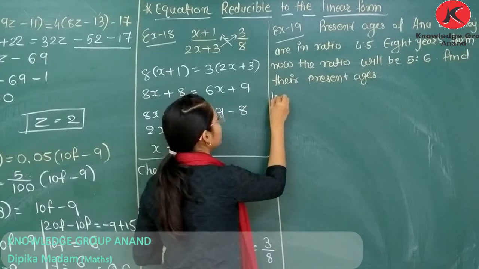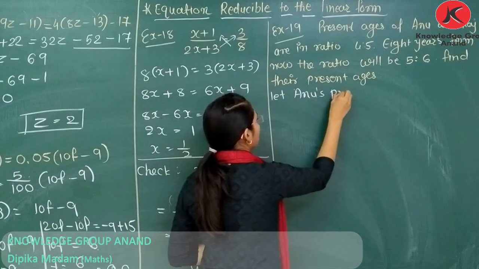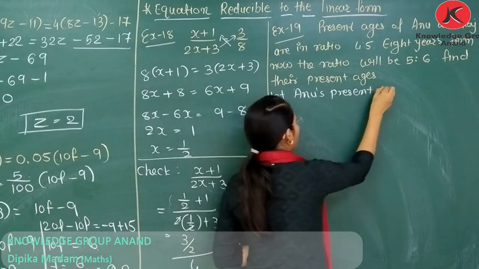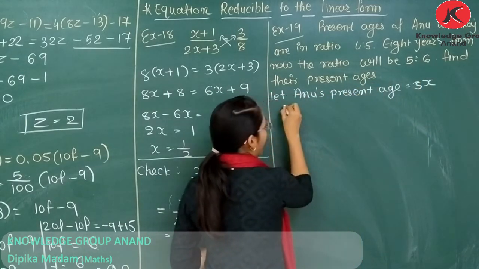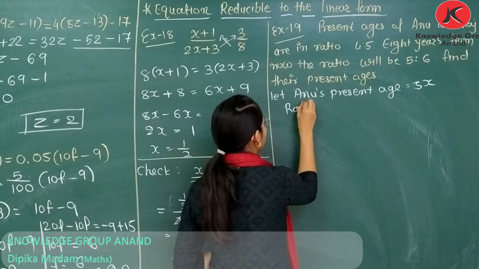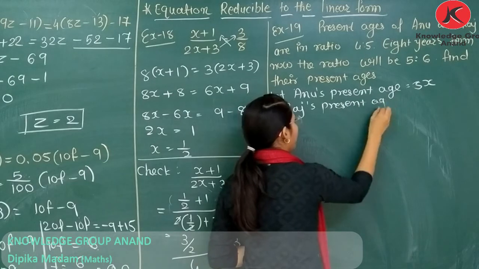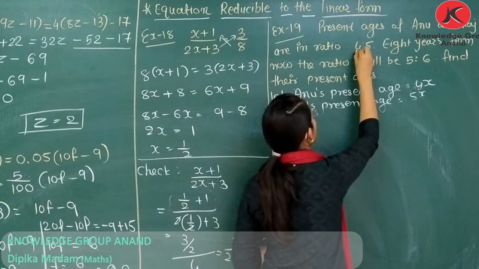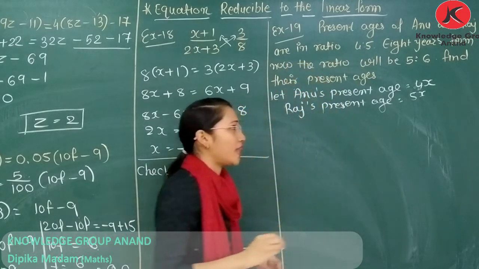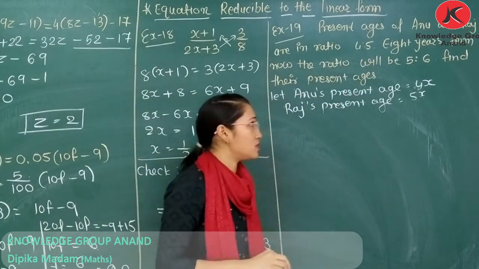So let Anu's present age be 4x and Raj's present age be 5x, because the first number is given to the first name, that is Anu's age. So 4x is Anu's age and 5x will be Raj's.